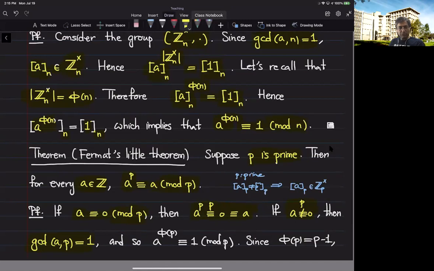In either case, you deduce that a and p are coprime, and therefore by Euler's theorem, a raised to the power phi of p is 1 mod p. Remember, p is prime, and therefore phi of p, we can also argue it as we did here, is precisely p minus 1.